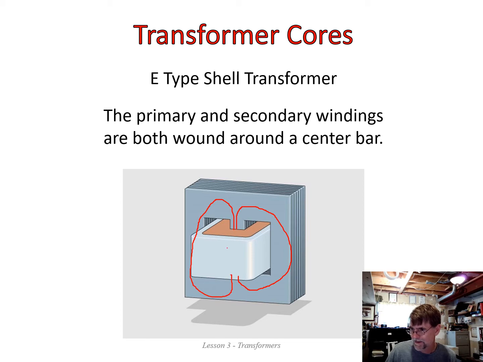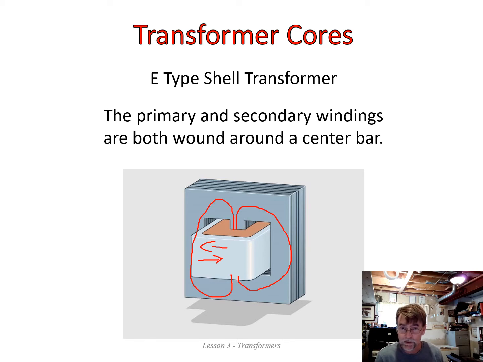Okay, and as they expand and contract, as a result of the AC current through the primary winding, they're cutting through the coil of the secondary winding. Okay, it proves to be a little bit more efficient in terms of its construction.